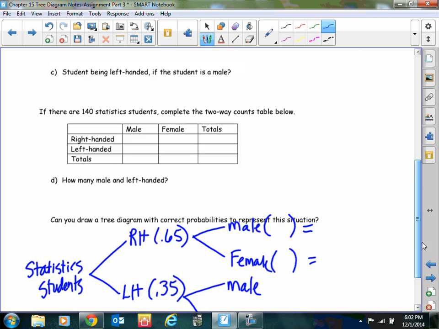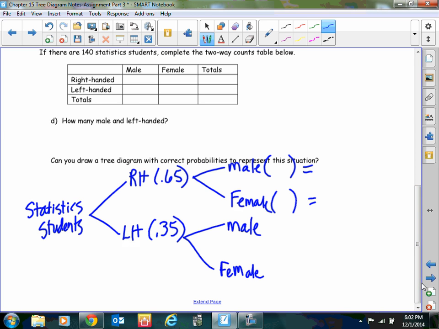So 30% of the sample is females that are right-handed. 35% of the overall sample is males that are right-handed. And likewise, 15% of the entire sample is males that are left-handed, and 0.2 of the entire sample is females that are left-handed.